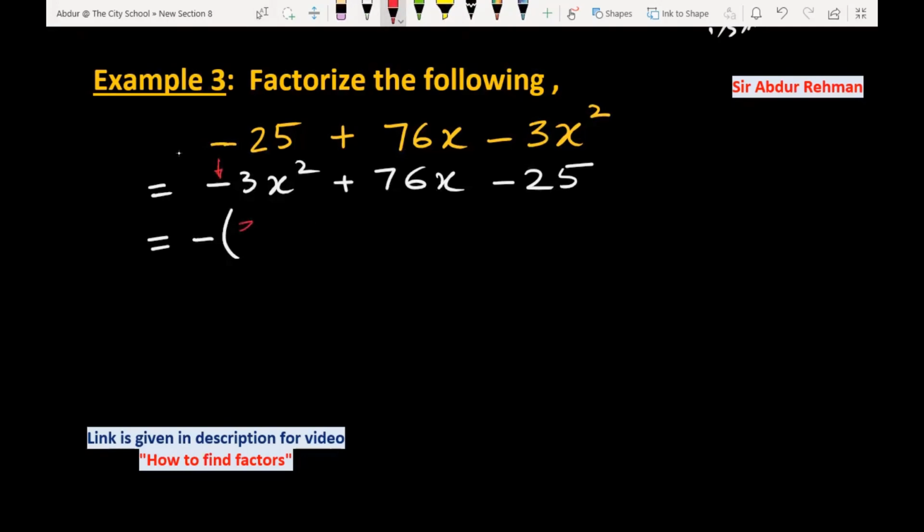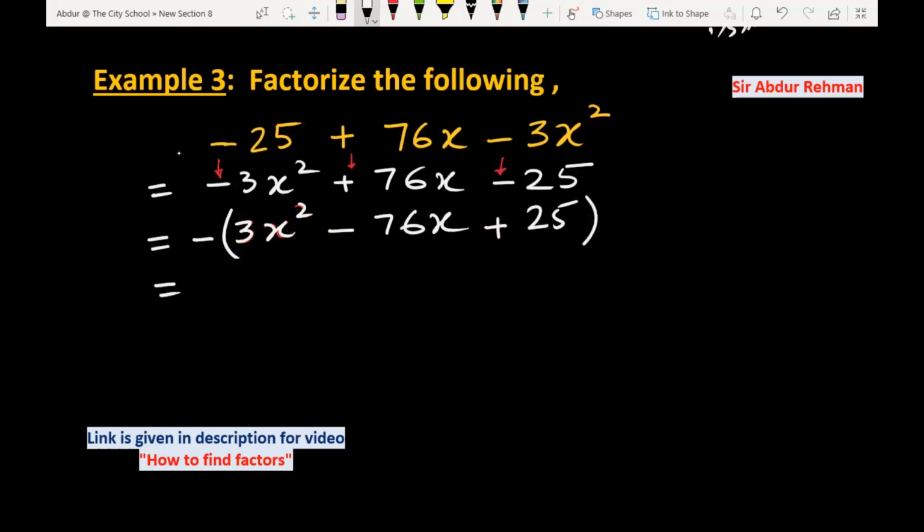Minus 3x squared will be converted into positive 3x squared, positive 76x will be converted to negative 76x, and the negative 25 will be converted to positive 25. So now we have 3x squared minus 76x plus 25.